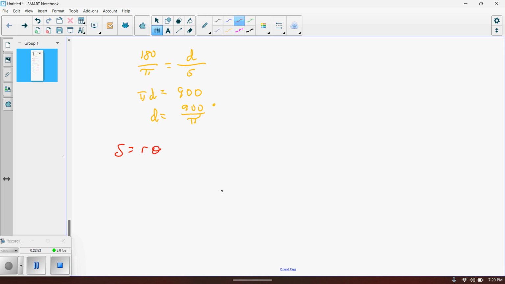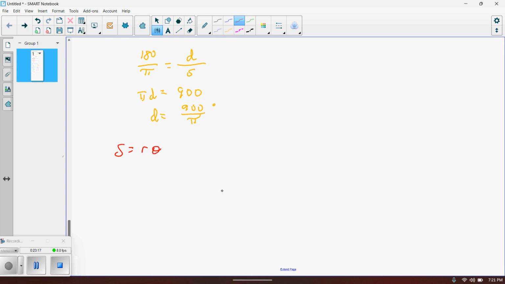I could solve for the radius if I knew the arc length and the angle. Or likewise, I could solve for the angle if I knew the arc length and the radius. The way the formula is currently set up, it's set up to solve for arc length easily. So let's just do that, and I think you are going to be able to manipulate the equation to do the rest of this.